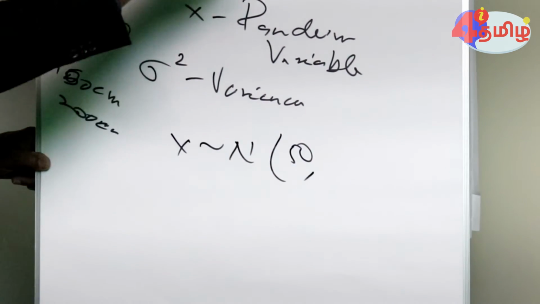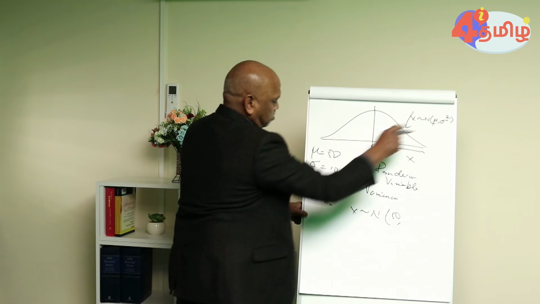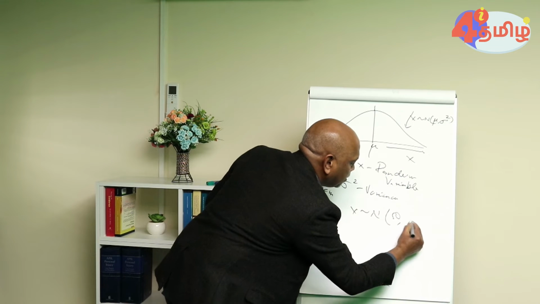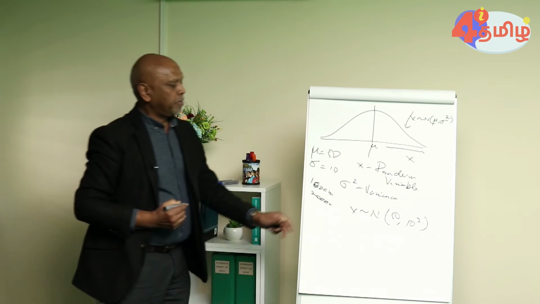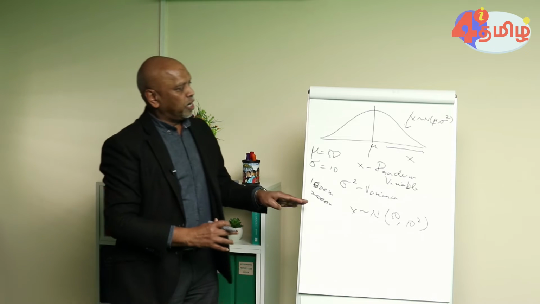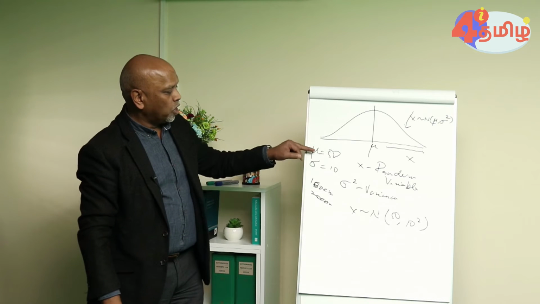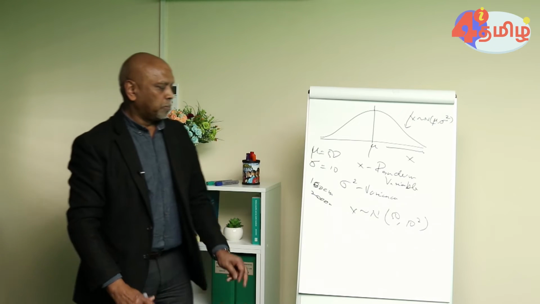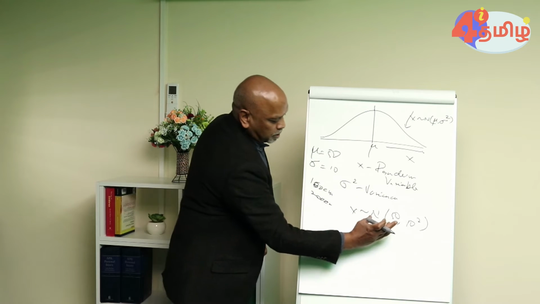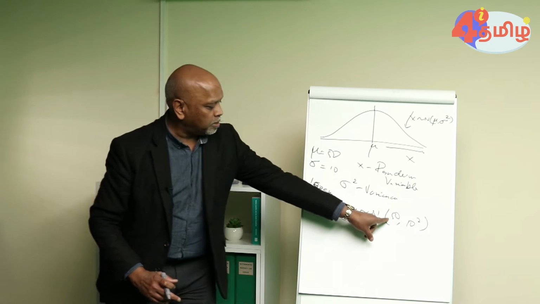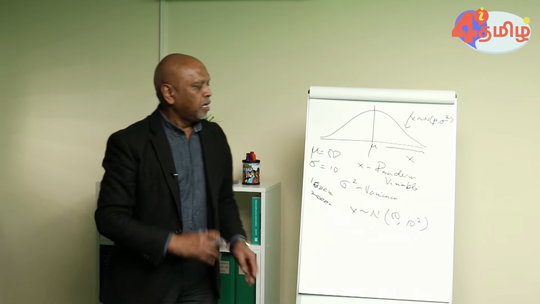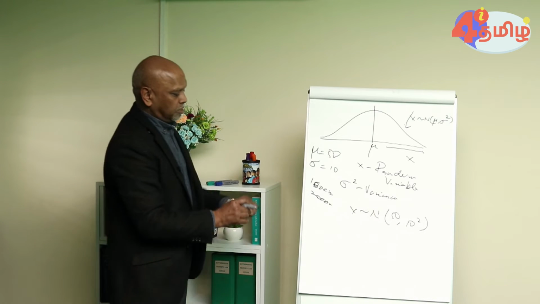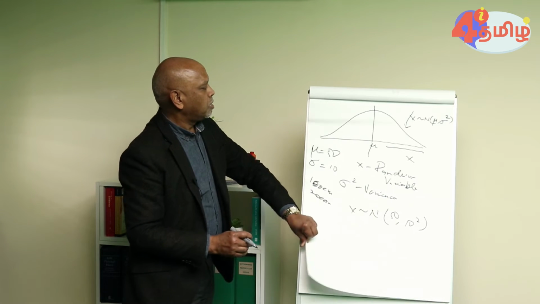Instead of sigma, which is 10, I put 10 squared. So this is how we represent the normal distribution. Having known the mean and standard deviation, this is how you represent it. So when anyone sees this, you know exactly what the mean is, what the standard deviation is, and then do the calculations. Let's start with the basic calculations.